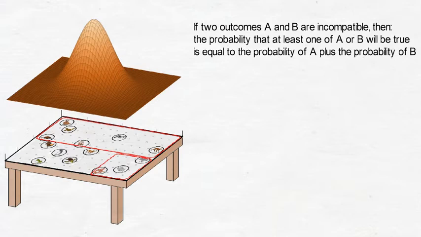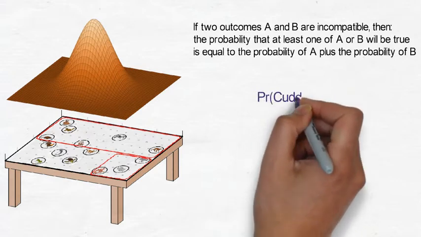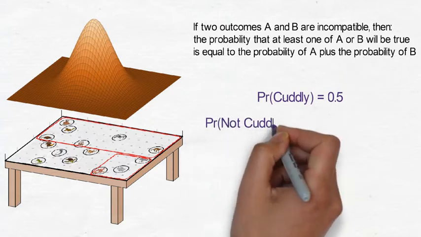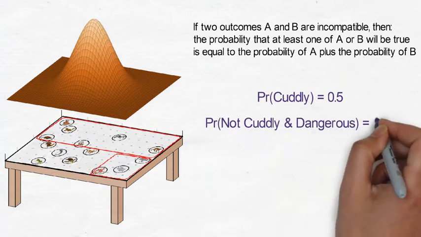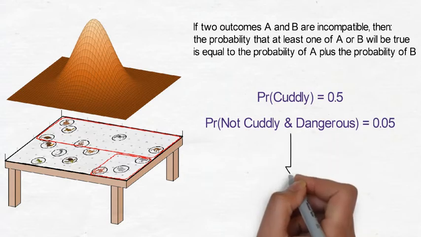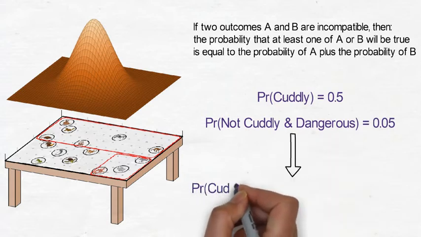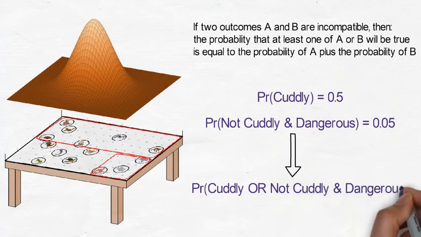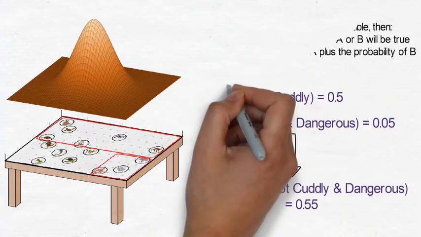So to work it out, all we have to do is add up the probabilities of its two parts. So, since about 50% of the mud is above the outcome cuddly, and only about 5% of the mud is over the outcome not cuddly and dangerous, therefore 55% of the mud is going to be over that larger outcome, either cuddly or not cuddly and dangerous.